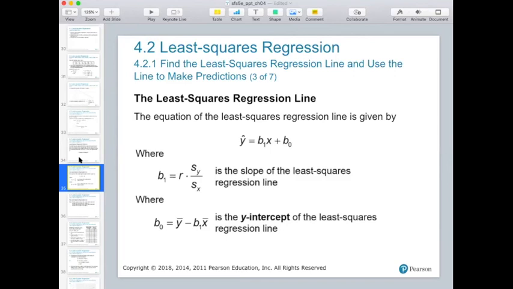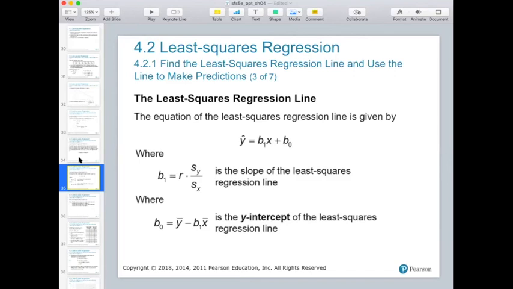So just like we can find the slope from information that we have, we can find the b1, the slope of our least squares regression line, from information that we have. R is still the correlation coefficient, and S is still for the standard deviation.